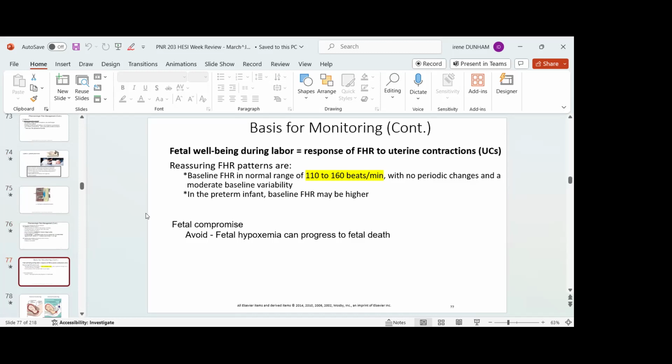And we want moderate baseline variability. Remember those squiggly lines I showed you? That's what I want. That tells me my baby's okay, all right? And we want to make sure that the uterine contractions are no closer than 2 minutes apart, especially as you get into transition. You don't want them every 1 minute, because the baby cannot take it. Okay.